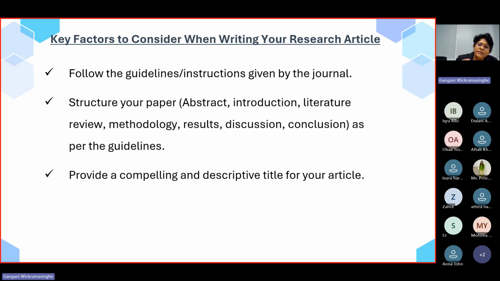Because if you don't have a good, attractive title for your article, that itself might be a point for rejection, because at the editor's check, they might think that this is not an article that should even be considered, or this is not an article that has gone into a lot of detail, or this is not an article that covers our scope. So be very careful about the title.